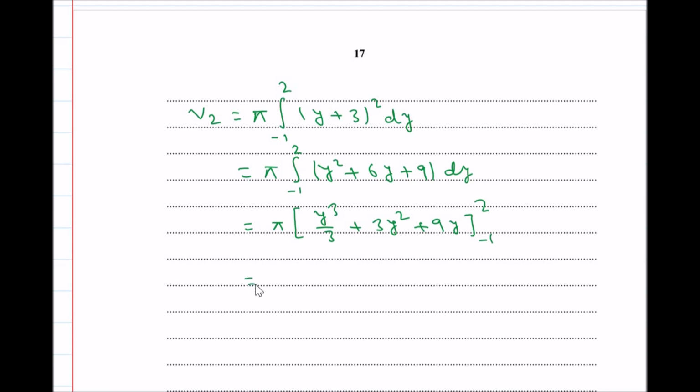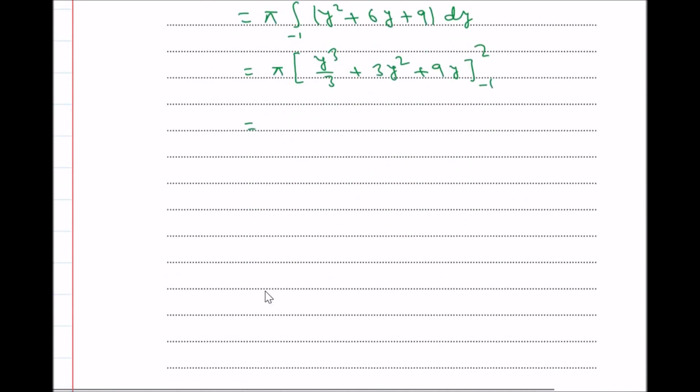Now we'll put the limits. So pi, 8 by 3 plus 12 while putting the value of 2.